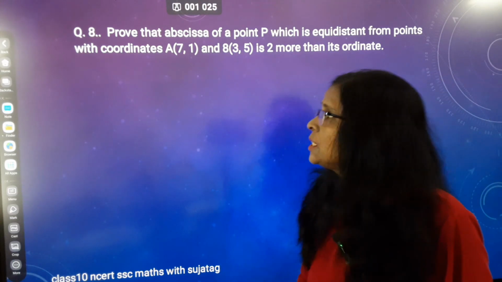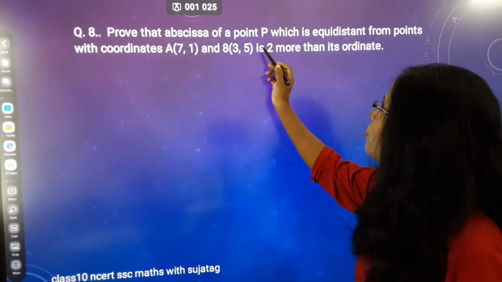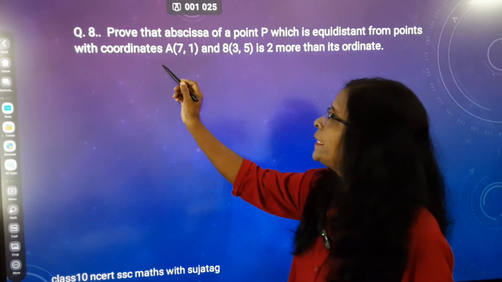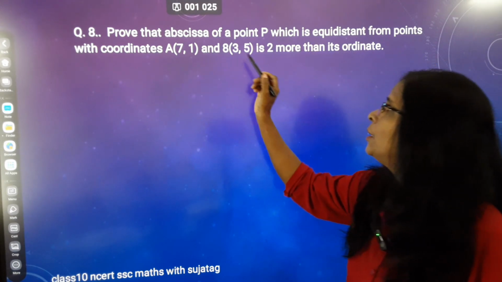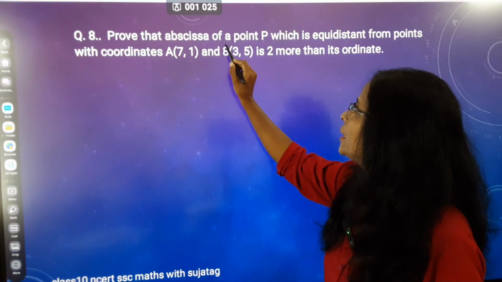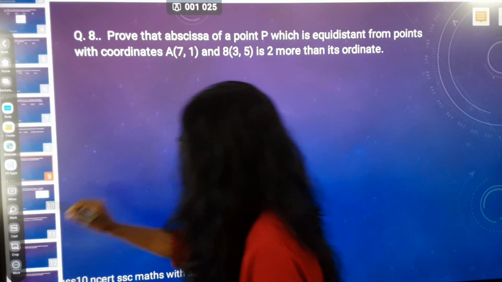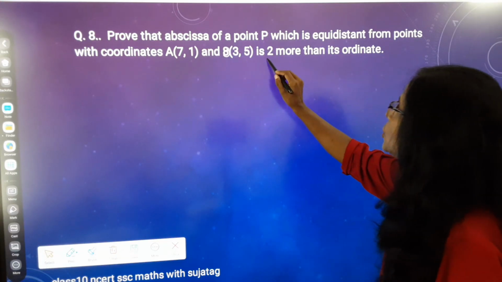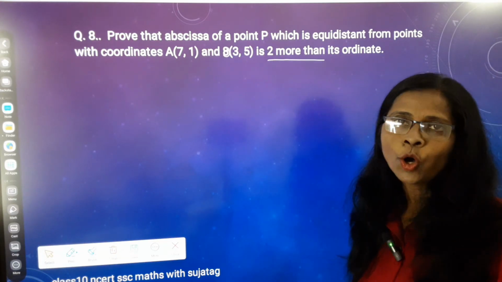Example 8, students. Prove that the abscissa of a point P, which is equidistant from points with coordinates A(7, 1) and B(3, 5), is 2 more than its ordinate.